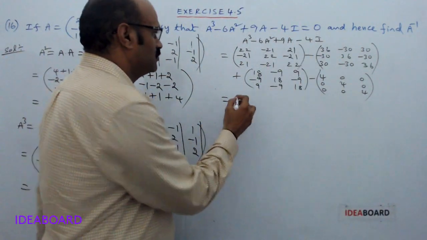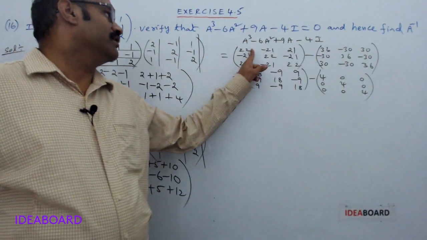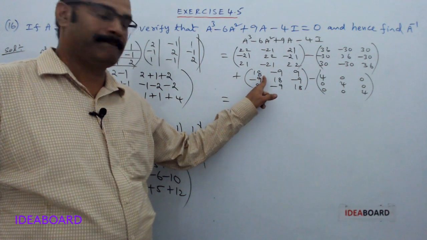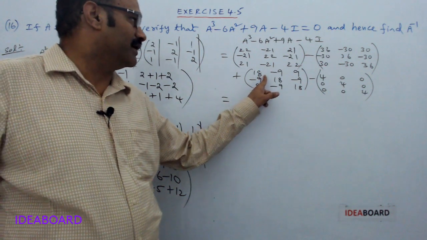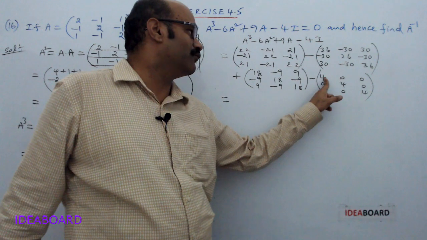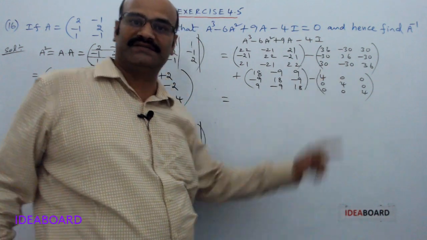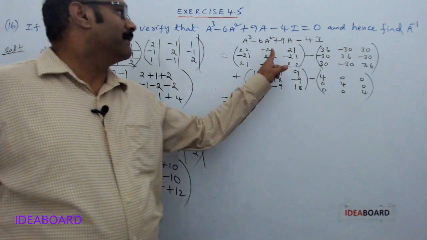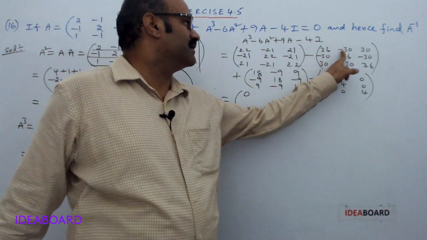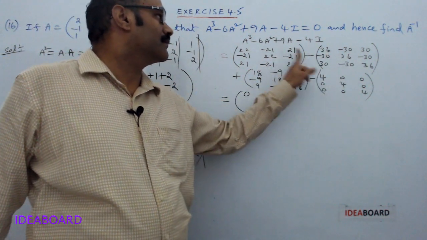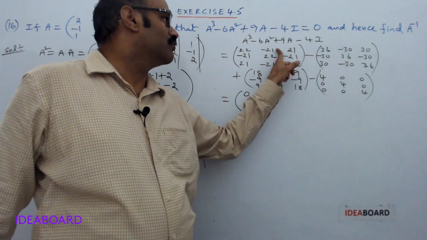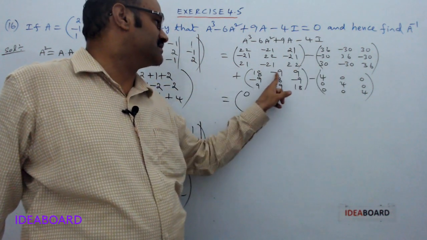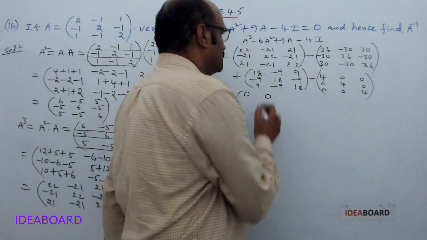Now it's equal to 22 plus 18, 40, minus 36 minus 4, minus 40. So you get 0. Minus 21 plus 30 equal to 9, 9 minus 9, 0.